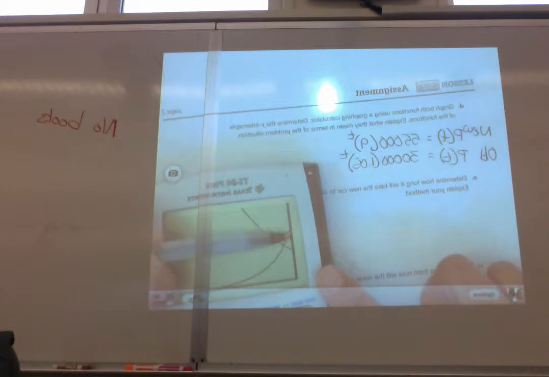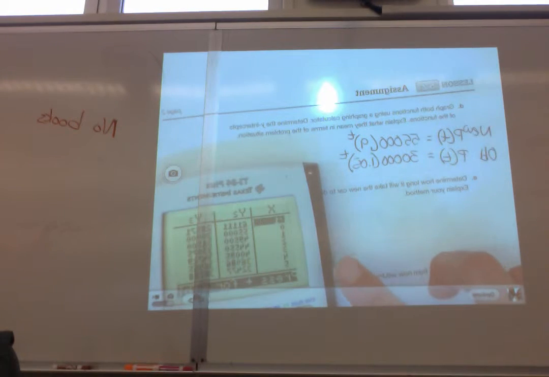All right, I could do a little tracer thing and try and trace it back, but I could also look in the table, second table, and I gotta look at 0. Here's 0. What do you see for y2? 55,000. What do you see right here for the other y?